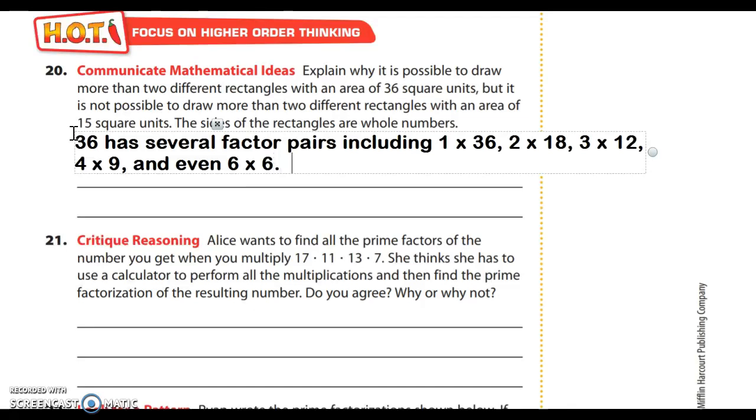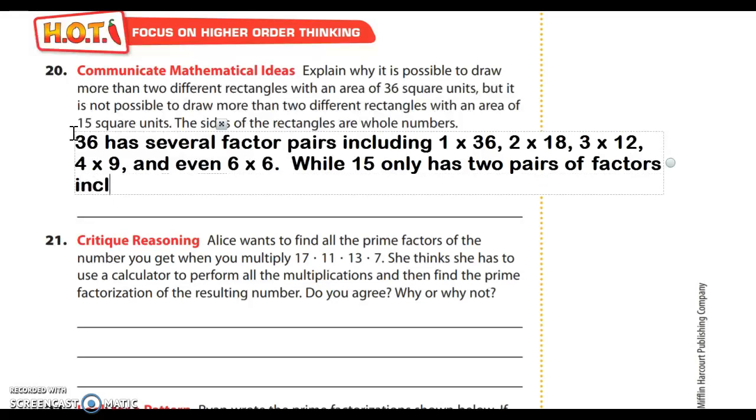Some kids would argue and say that's a square. Well, a square by definition is a rectangle, so it's okay to have a square. While 15 only has 2 pairs of factors, including 1 by 15 and 3 by 5.